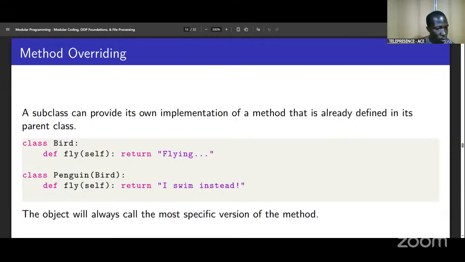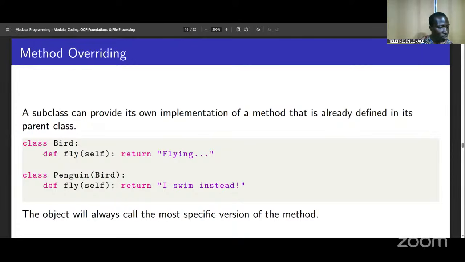So the next one, to see some example of that. So method overriding. A subclass can provide its own implementation of a method that is already defined in its parent class. So we have this short code to further explain what I just mentioned.